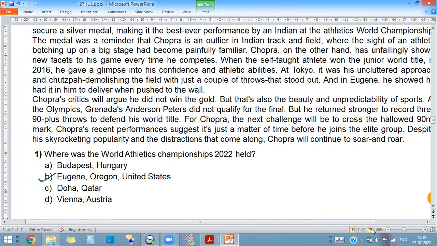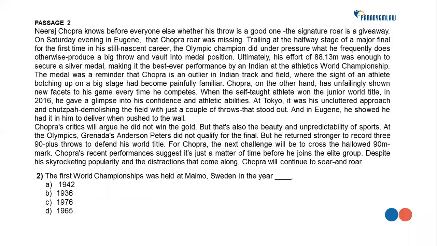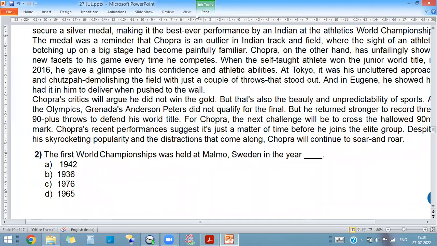And we have the second question here. We have the first World Championships. We're not talking about this event, which is known as the Athletics World Championships. There is another which preceded this one.